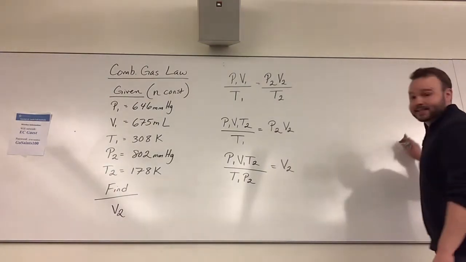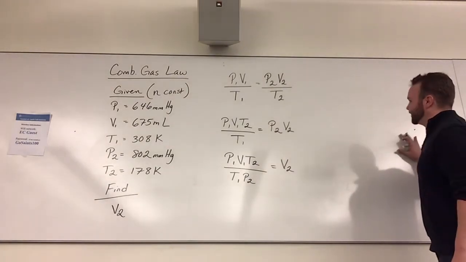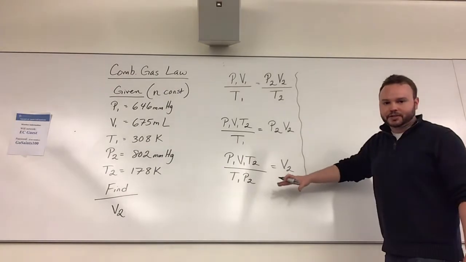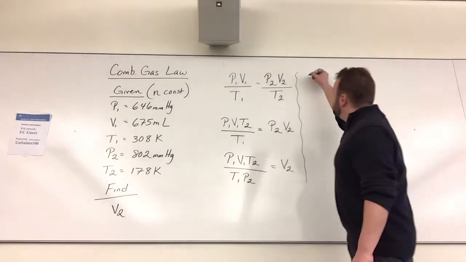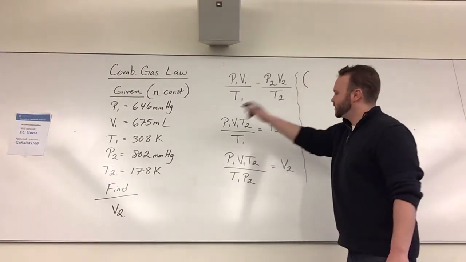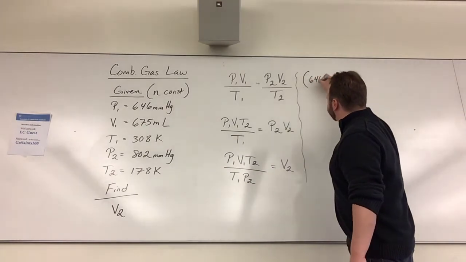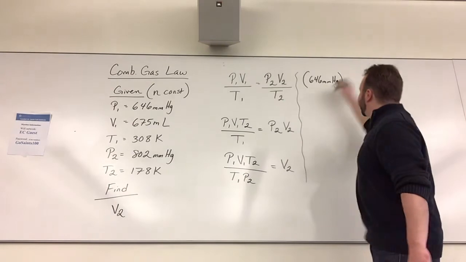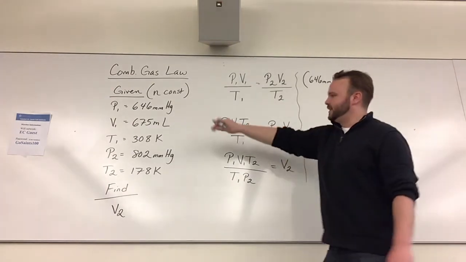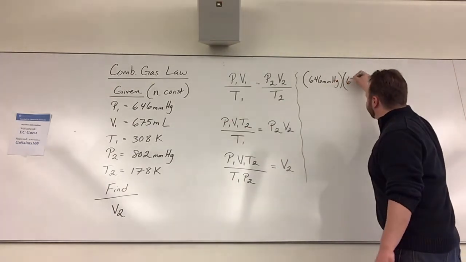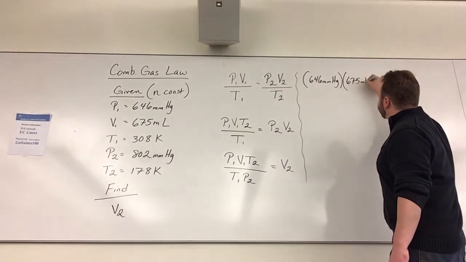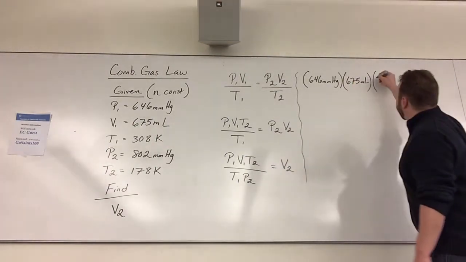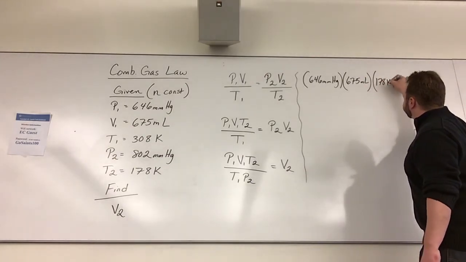So I'll do my best to stay on the edge of the board. So it looks like there you guys can't see. So I'm going to come back up to the top. You can keep writing straight down. So if I put in my P1, which is 646 millimeters of mercury, times my V1 being 675 milliliters, times my T2, which is my 178 Kelvin.